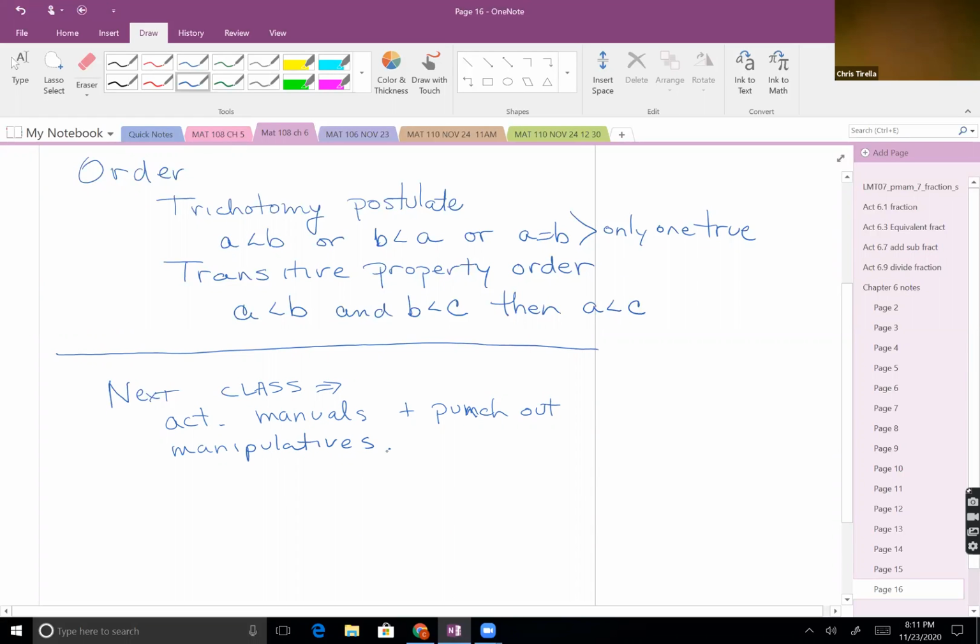We'll start working on chapter 7, finish that up, and then we'll soon after have test 4. We'll see how long it takes us to go through chapter 7.